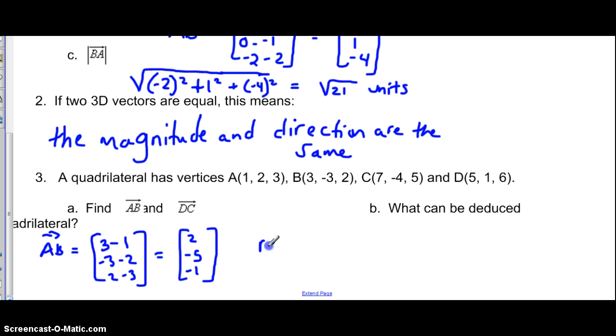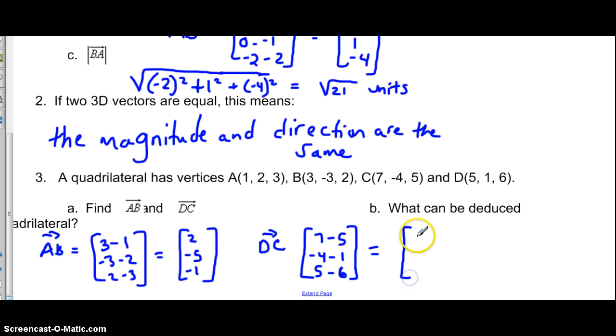Okay, let's find our vector DC now. So we'll take our C values and subtract the D. So we have 7 minus 5, negative 4 minus 1, and 5 minus 6. And our DC vector would have an x component of 2, a y of negative 5, and a z of negative 1.